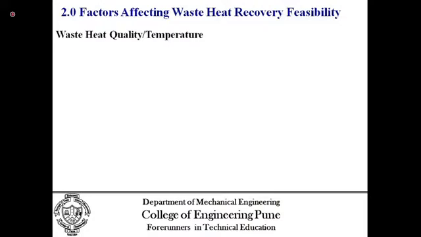As we know, Q is equal to hA into delta T, or UA into delta T using the heat exchanger concept. We know that if the heat transfer coefficient is, let us say, constant, and if the delta T is higher, definitely the surface area required for getting a particular heat transfer will be lower. So the size of the heat exchanger is also dependent on this temperature difference. This is what it wanted to say.